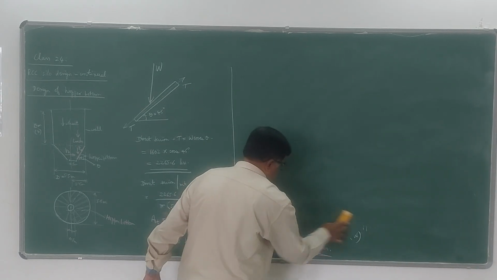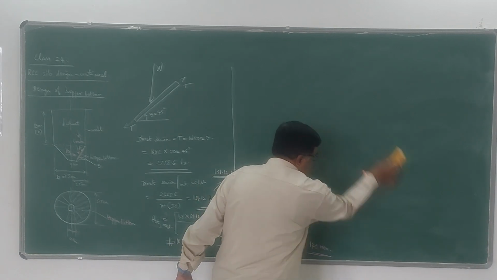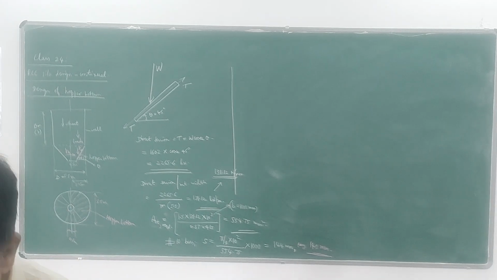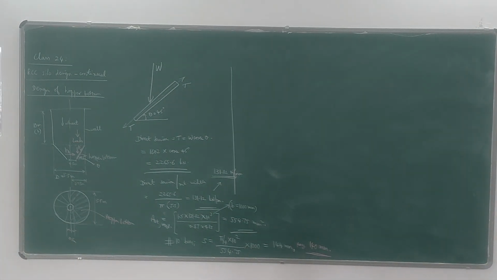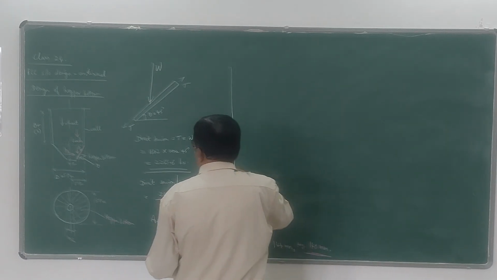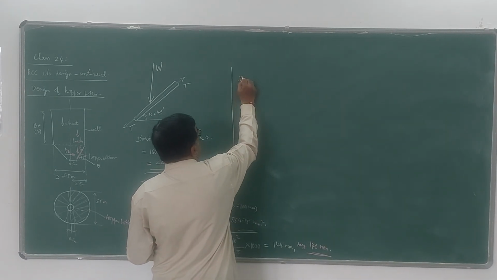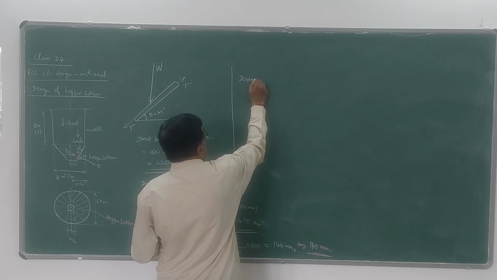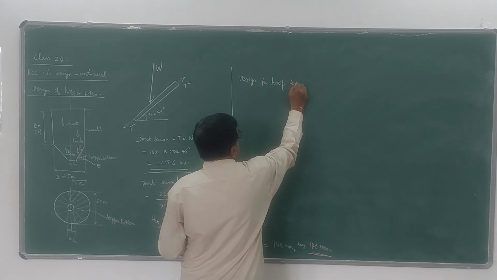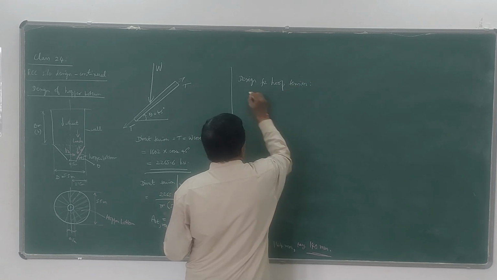Same 10 mm diameter assume and you can find the spacing. So when you are designing the hopper bottom, you have to design both for direct tension as well as hoop tension, the circumferential tension.